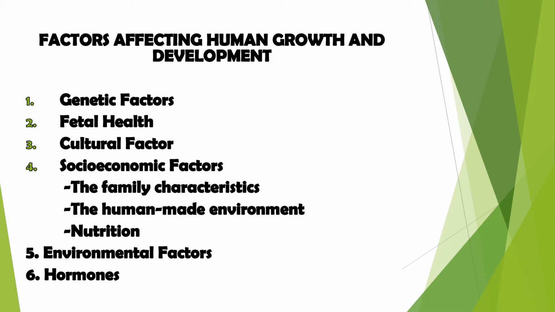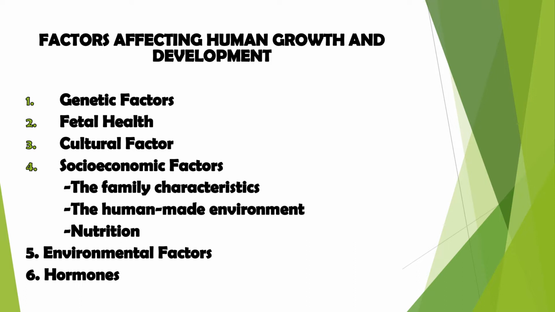All children also do not have the same type of intelligence. Others also have more linguistic abilities and so on. So children differ from each other because several factors influence their development.